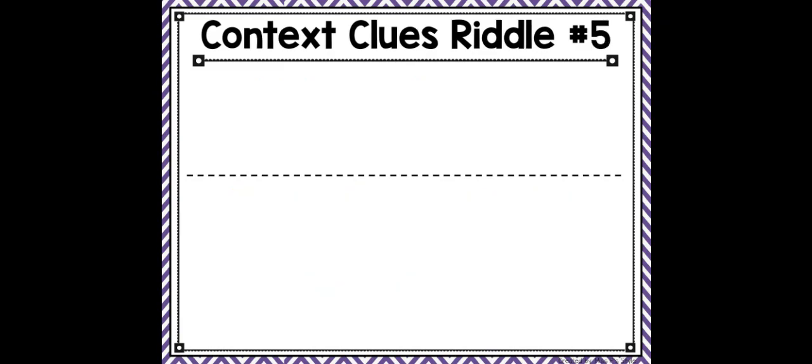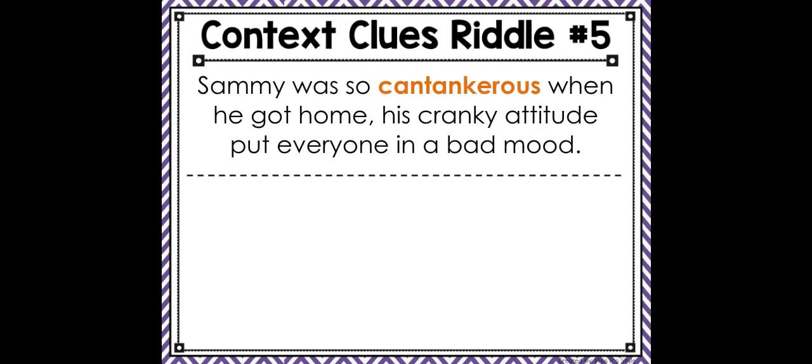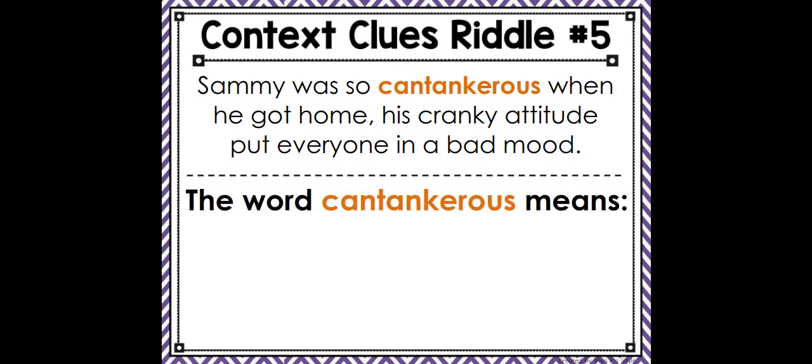Here's the next riddle. Listen closely to determine the word meaning and context clue. Sammy was so cantankerous when he got home. His cranky attitude put everyone in a bad mood. Using context clues, what do you think the word cantankerous means?